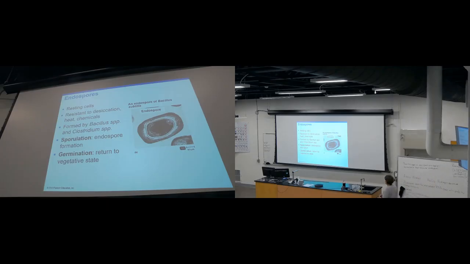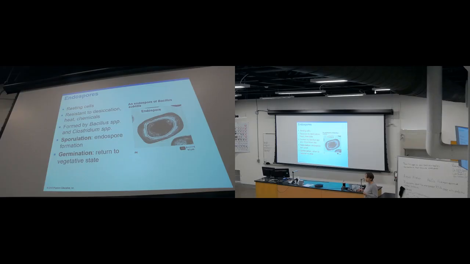So these are bacteria that produce endospores. Endospores are resting bacteria. They're not the vegetative form. I told you before, when do they form? They form when the bacteria is in an environment where you don't have nutrients, maybe you're running out of water, maybe it's under the attack of radiation. So these endospores are resistant to desiccation, lack of water, high heat, and chemicals.